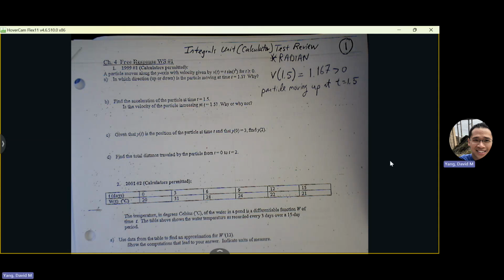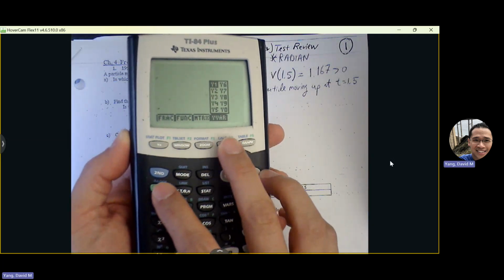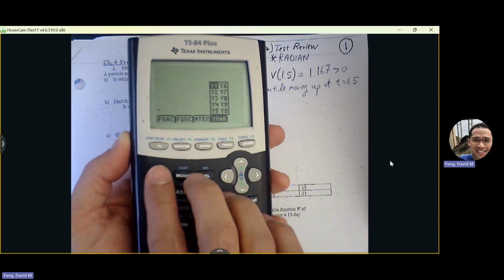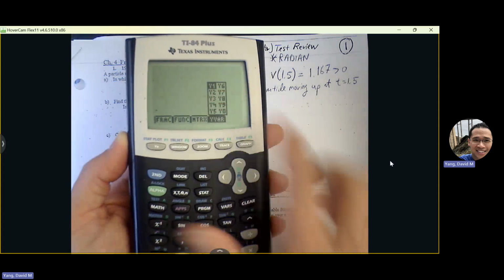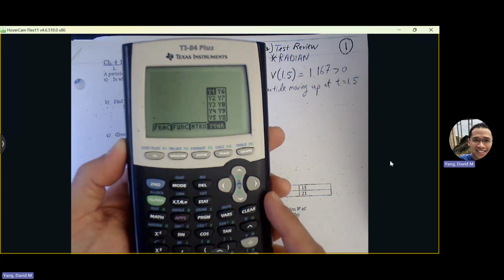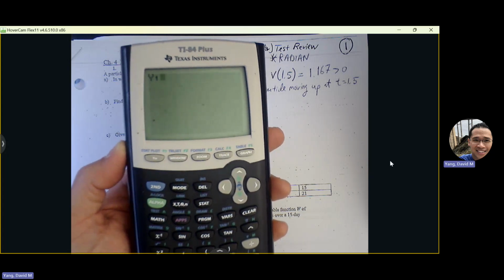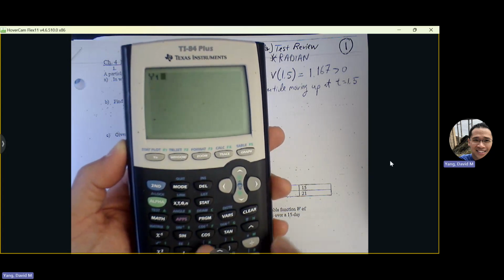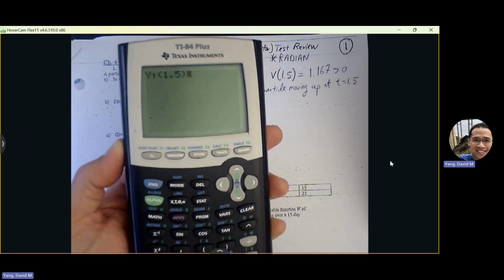If you go to alpha trace, once you're at your home screen, you should see a Y1 pop up, and you can scroll down to any of the Y functions. Then you can have Y1 show up. So now we're calling that function that we just entered in. And if you do parentheses 1.5, it's going to plug that value in.